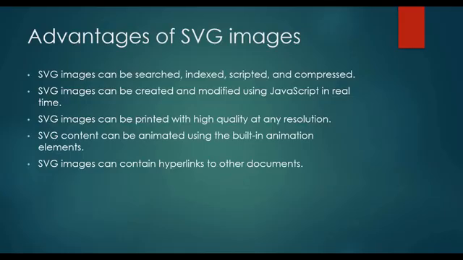SVG content can be animated. Yes, it can be animated. Static images, which we link with the image tag, cannot animate that particular thing. If I am using one square or rectangle, I am unable to rotate that square or rectangle, because it is a static image.